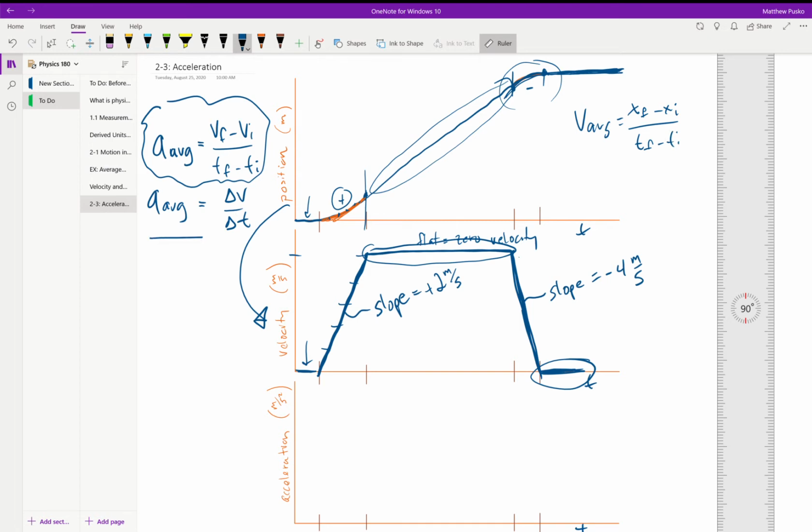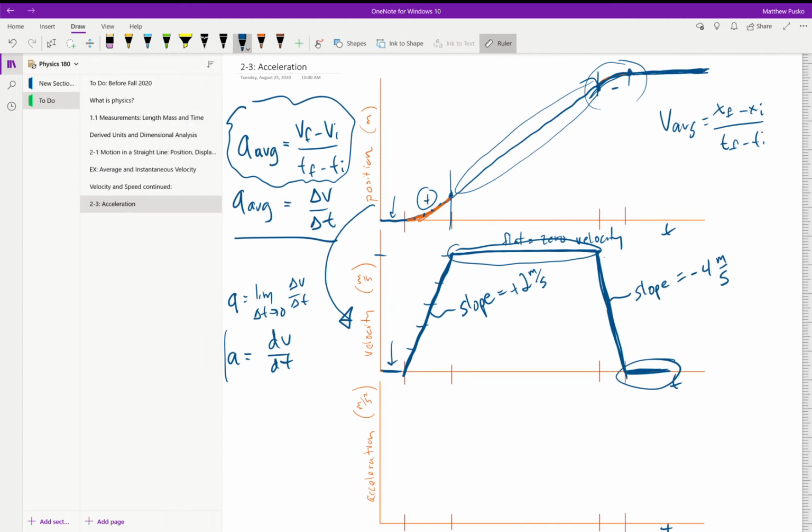Well, we get the same thing for acceleration, except it's the change in velocity with respect to time. And we can take the limit as delta t goes to 0 of delta v over delta t, and that gives us our calculus definition for the rate of change of velocity with respect to time, and that's acceleration.